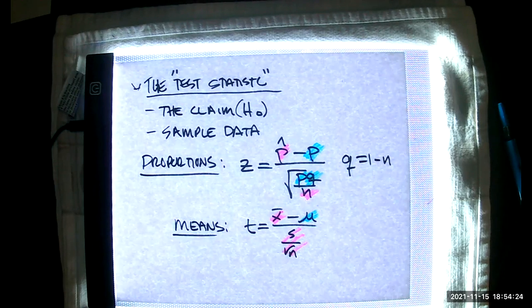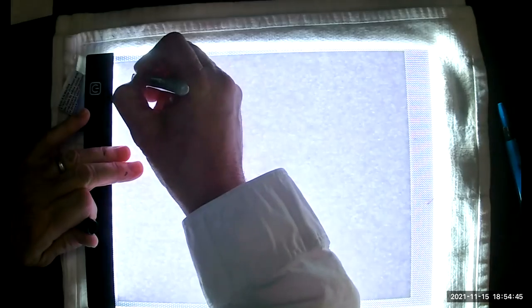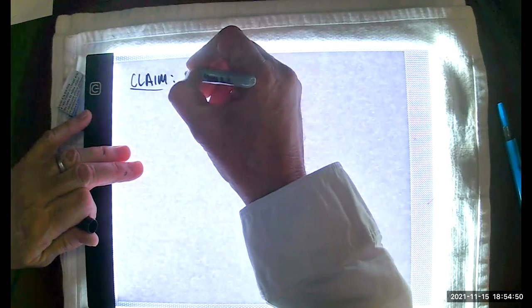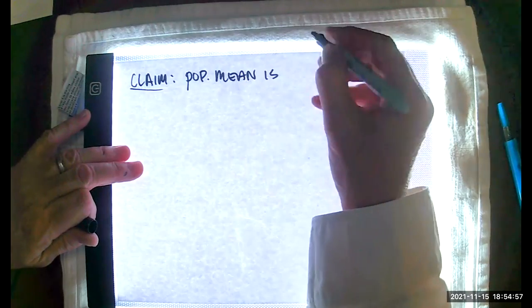I'm going to run through the second one because the keystrokes are just a little bit more intense there. Population mean is, I have no idea what we measure.